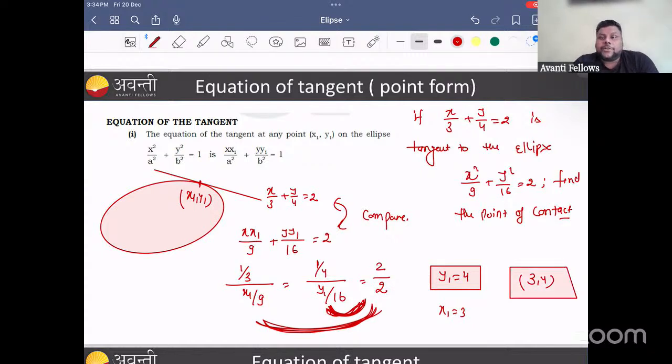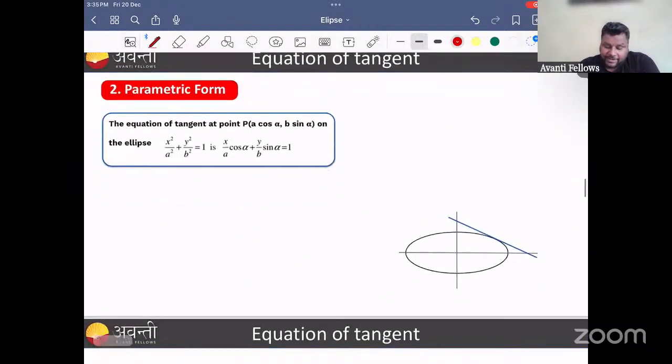So to get the point of contact, do not ever solve the equation of the conic and the line given to you. Just write the equation of a new tangent and then compare. Got it? Now, equation of tangent in parametric form. So simply, now the point is a cos theta, comma b sin theta. So what will the equation of tangent be? x times a cos theta upon a square, plus y times b sin theta upon b square equals 1.